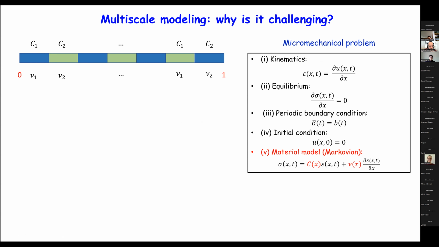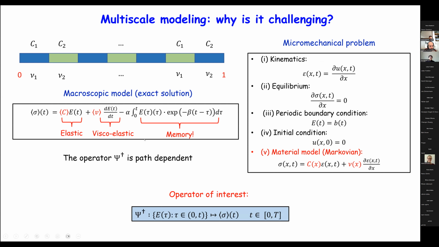However, if we were going to look at a macro scale, a length scale which is much larger than this, we're going to see that after the homogenization procedure, the homogenized stress is very similar to the micromechanical models.